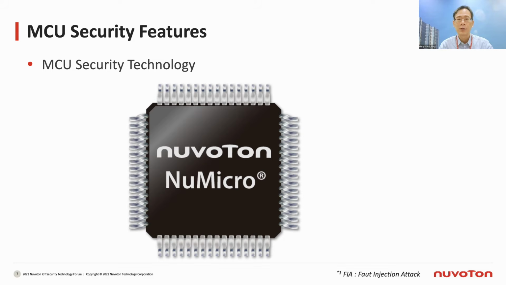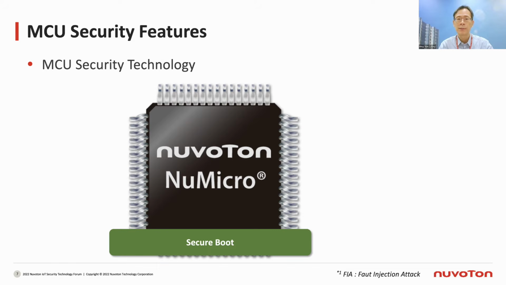Next, I will describe the security features that an MCU should have to achieve the PSA or SESIP Level 3 security level. The first is secure boot. The security of the MCU is based on secure boot to ensure other security protection functions are properly activated.